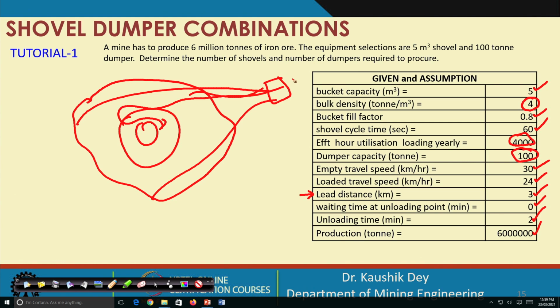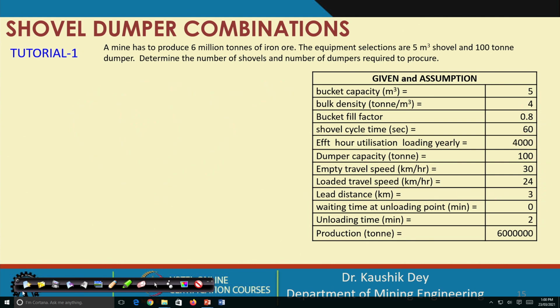So, this lead distance is variable, and with consideration of that the number of dumpers has to be considered, though it is not affecting the number of shovels. In general, a few dumpers are kept additional for utilizing in those conditions. Apart from that, we generally consider the average lead distance while these mathematical calculations are made.